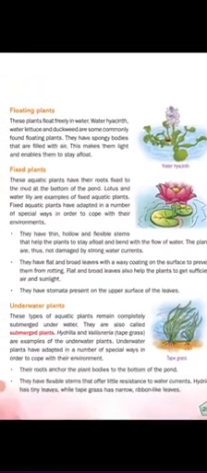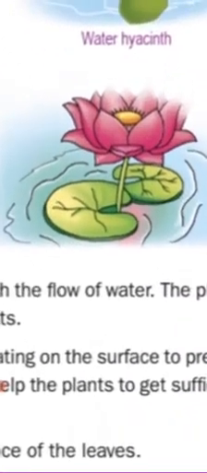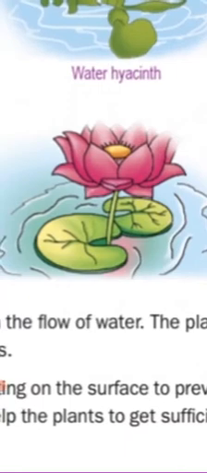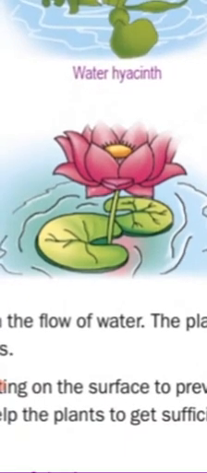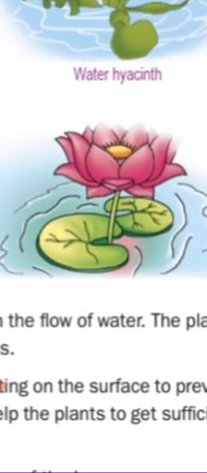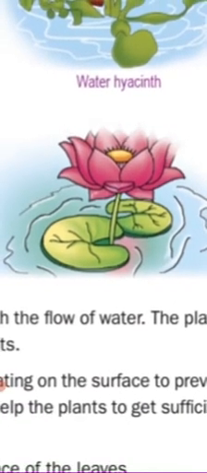Okay? So next, they have flat and broad leaves. Just look at the lotus plant, how flat and how broad it is. So that they can get sufficient air and sunlight.